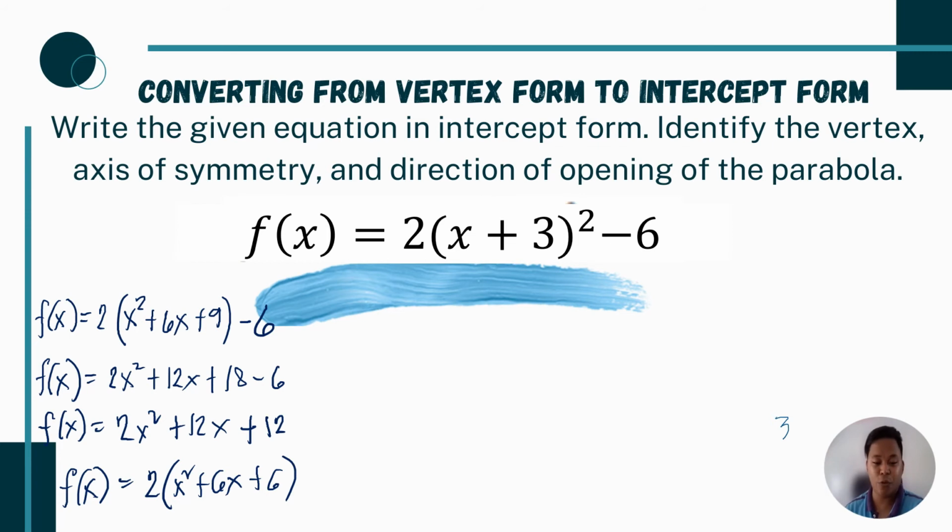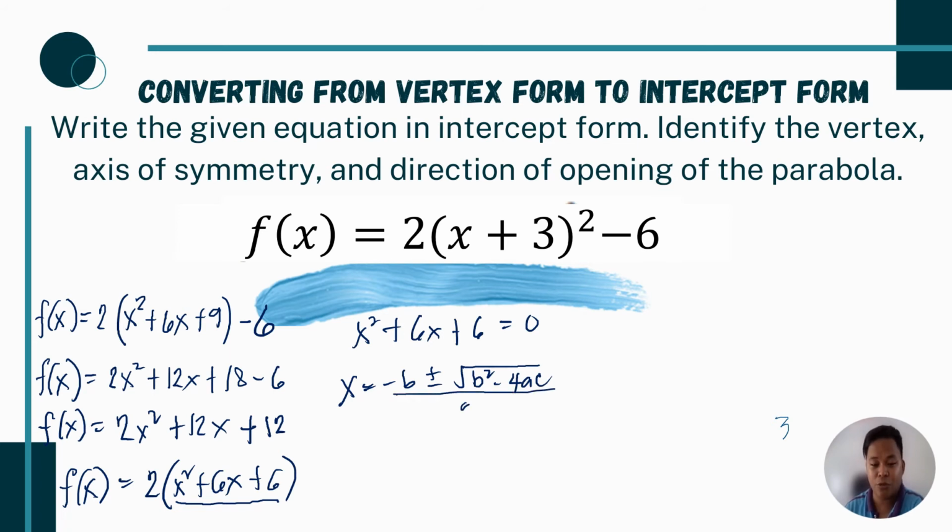And then we're going to factor this trinomial. We're going to use the quadratic formula to find the zeros of this trinomial. So we're going to equate x squared plus 6x plus 6 to 0 to find the values of x. We're going to use the quadratic formula x is equal to negative b, positive negative square root of b squared minus 4ac all over 2a.